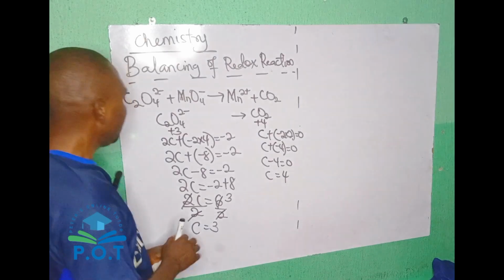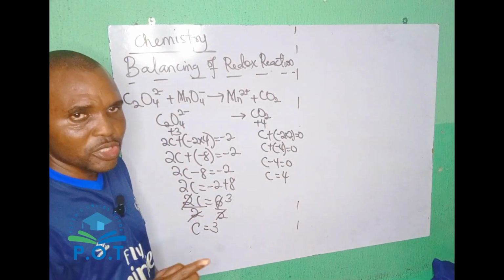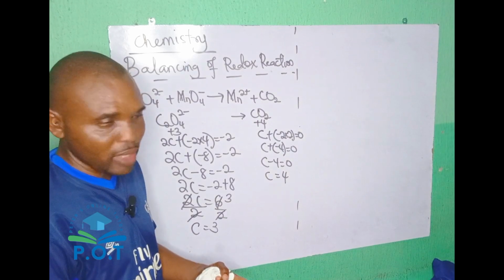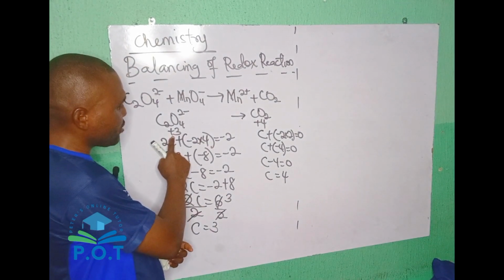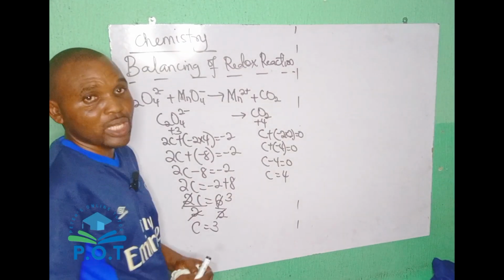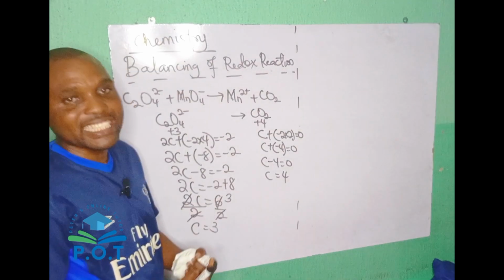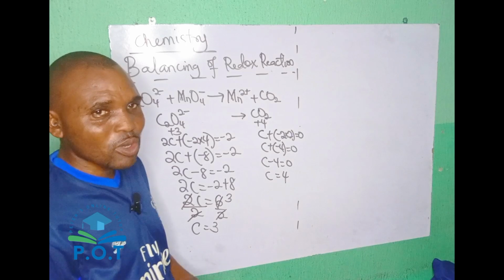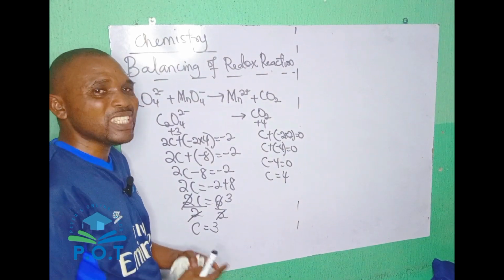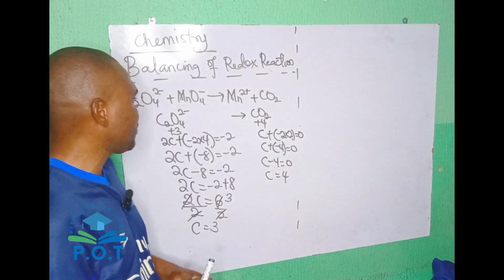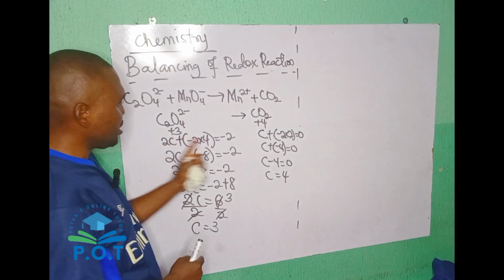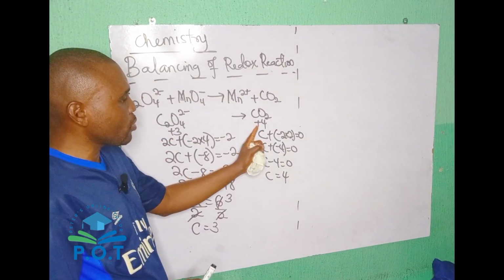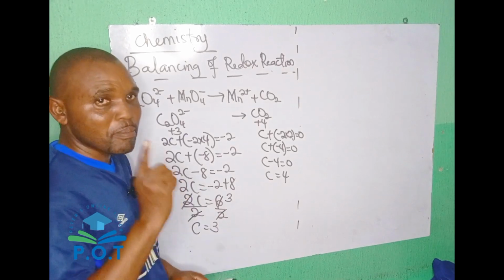Now let's see. One of the definitions of oxidation is that there is an increase in the charge. If you check here, here is +3 and here is +4. So that means the charge has increased. And if you want to define oxidation in terms of electron transfer, oxidation is the loss of electron. This is +3 and this is +4. So +3 minus +4 will give us -1.